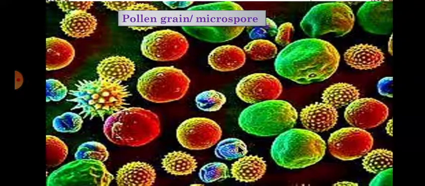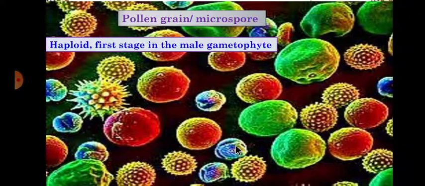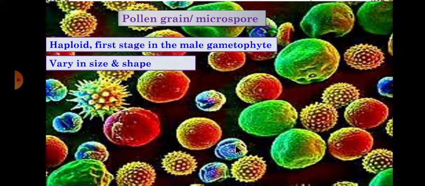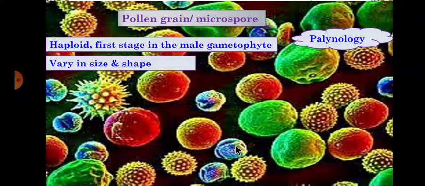So pollen grain is a male gametophyte which can also be called a microspore. It is haploid and it is the first stage in the male gametophyte. The size and shape of pollen grains vary. The study of pollen grains, their structure and composition, forms a new branch of biology called palynology.